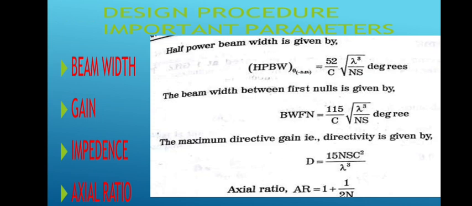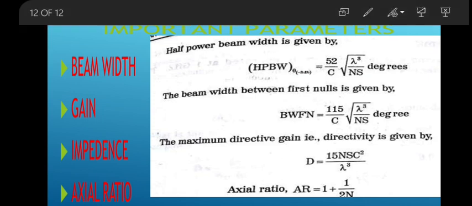The maximum directive gain, called the directivity or gain. Only one antenna has gain and directivity both the same, that is the isotropic radiator. But here directivity is always greater than the gain of the antenna system, except in that isotropic radiator case.